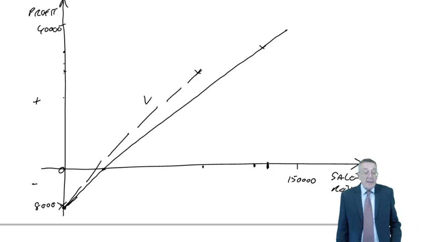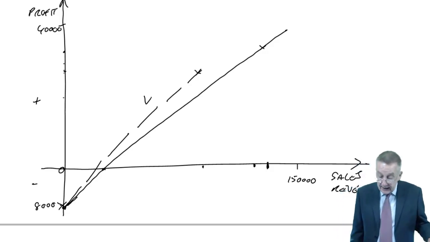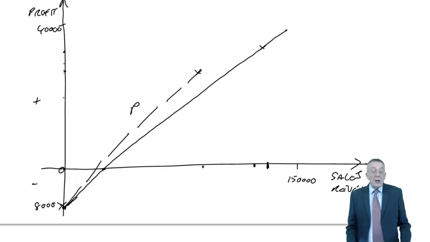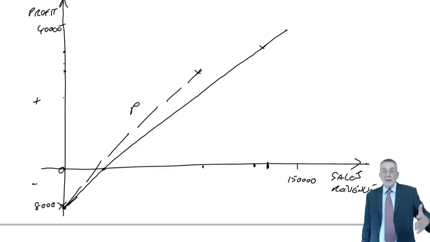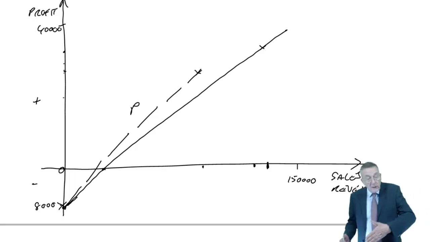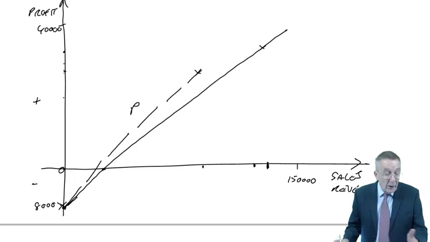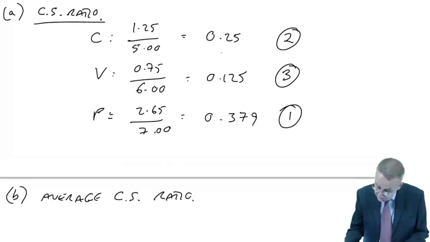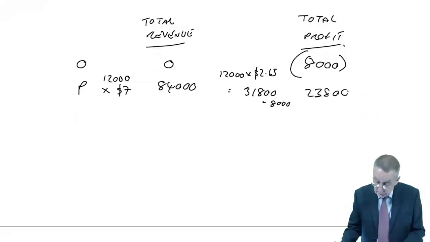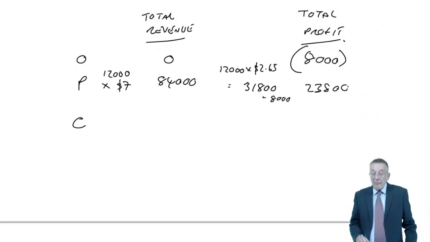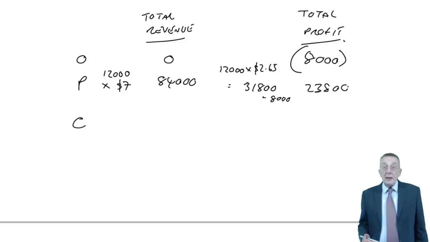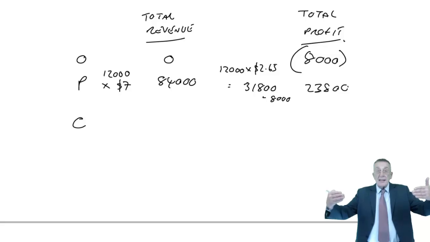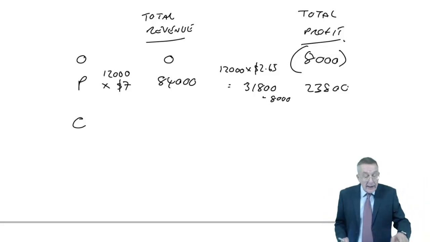When we sold as many Ps as we can, when we sold the 12,000, then we'll start selling the one that's next best. And the next best one, I think, was C, wasn't it? Yes, C. So remember, we've already got to revenue of 84,000, but then as we start selling C, the revenue is going to carry on increasing up to what maximum?